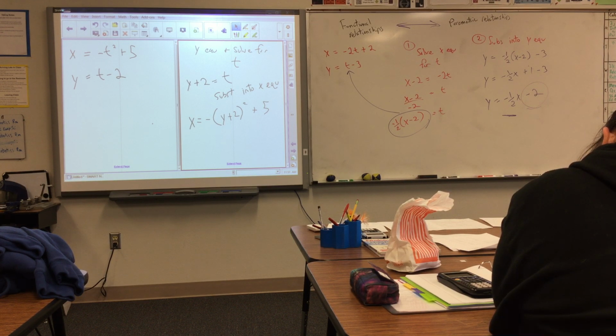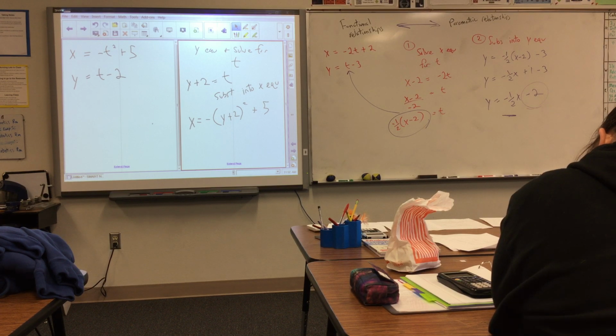Go to zoom, or go to window. Go to negative 3 to 10. Yeah, make it negative 3 to 10, but with a step of 0.1. Yeah, now hit graph. There we go.